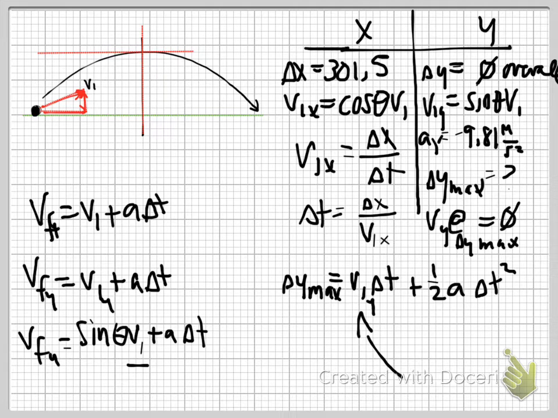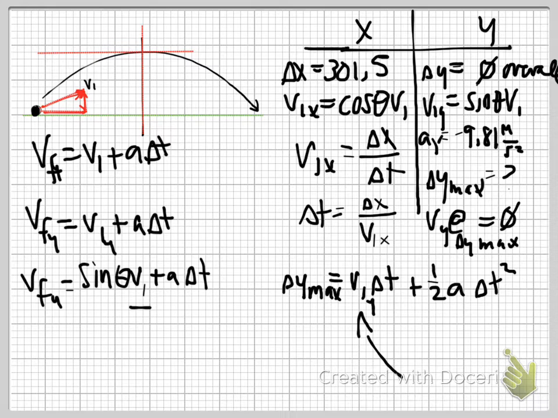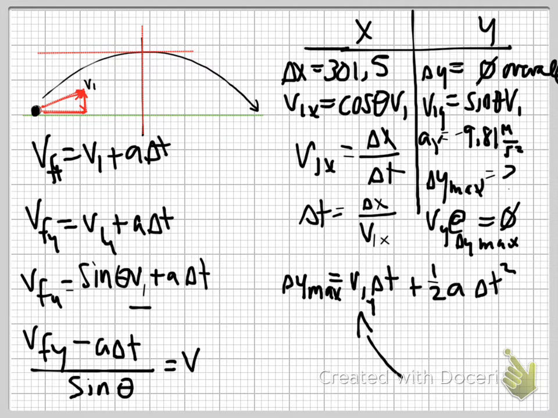So, like I said, this could be a blind alley. So, vfy minus a delta t divided by the sine of theta is equal to vi.